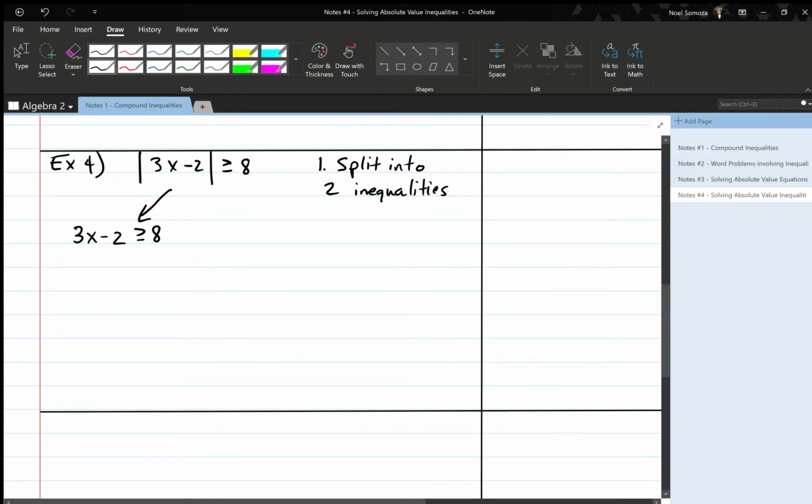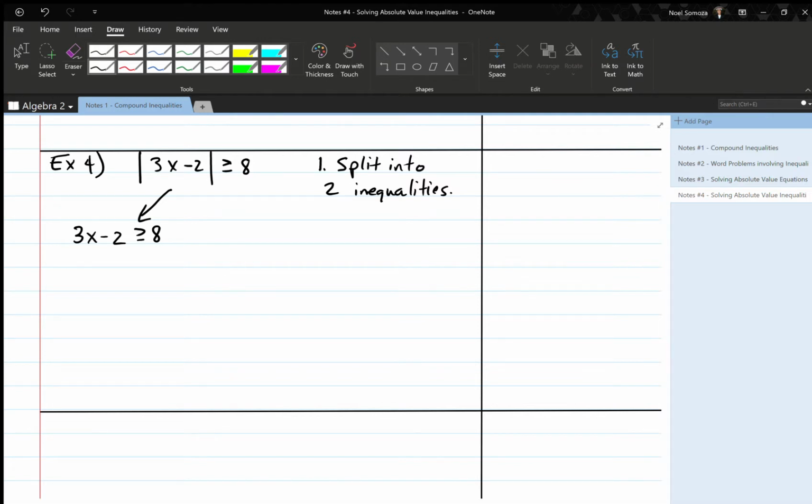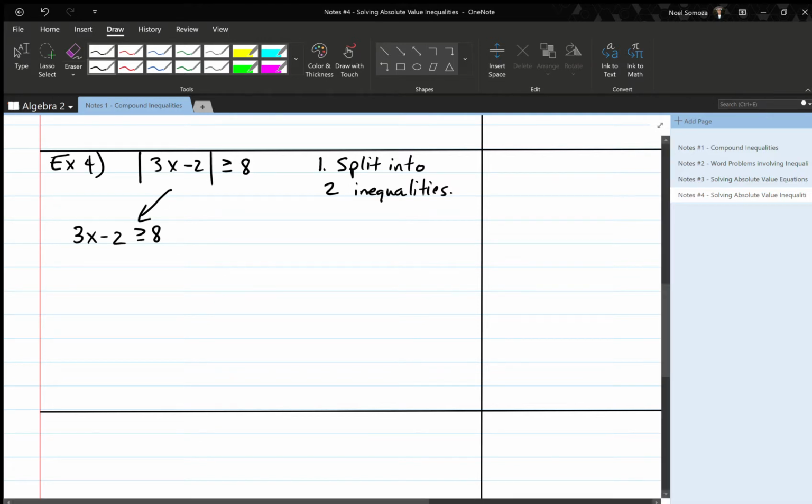Just like when we looked at OR inequalities before, you would have this or this. You always had two. So that's the first one. That's the original. All we did was we copy pasted the inside, and then we brought down the inequality and 8. Okay? So first is the original.